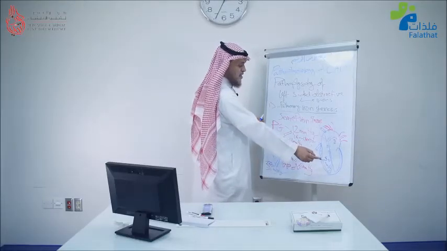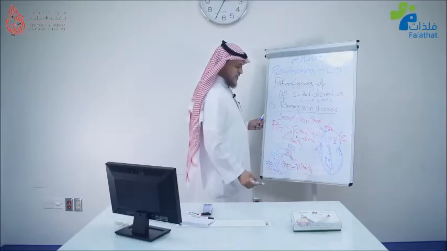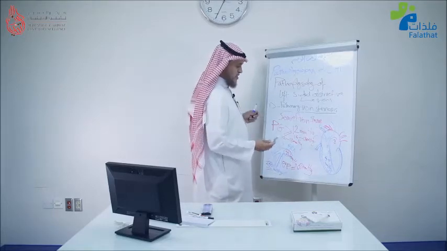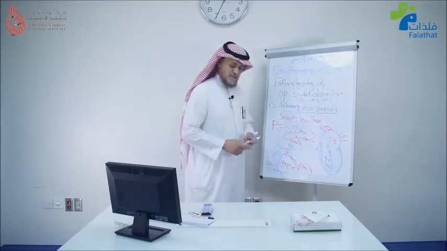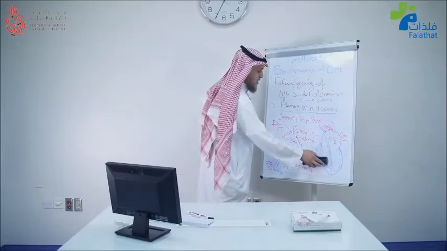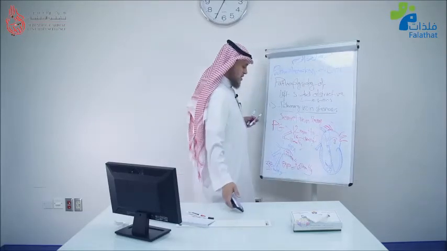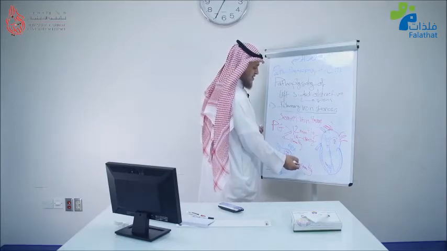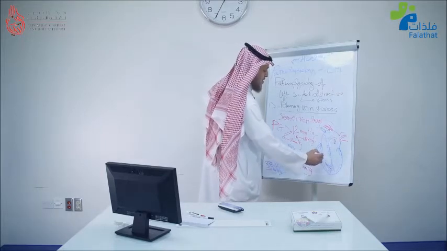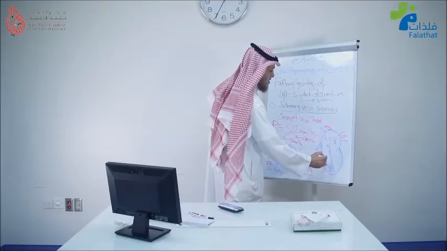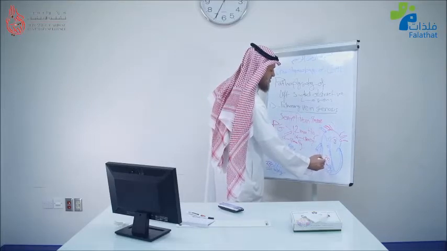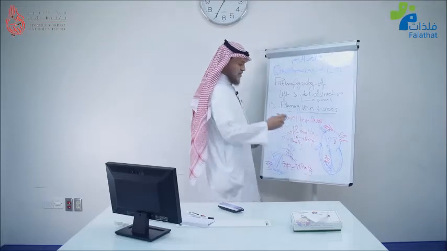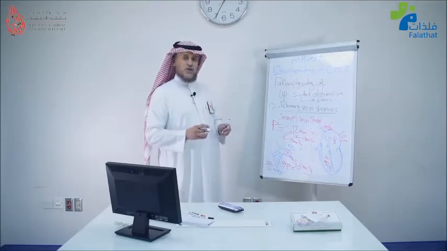If we add the end-diastolic pressure of the right ventricle, just for simplicity, 9, 61 plus 9, now it is 70. This is severe elevation of right ventricular pressure.